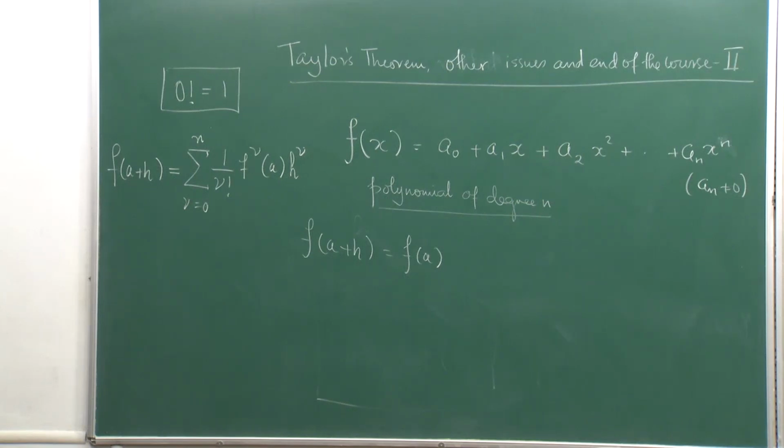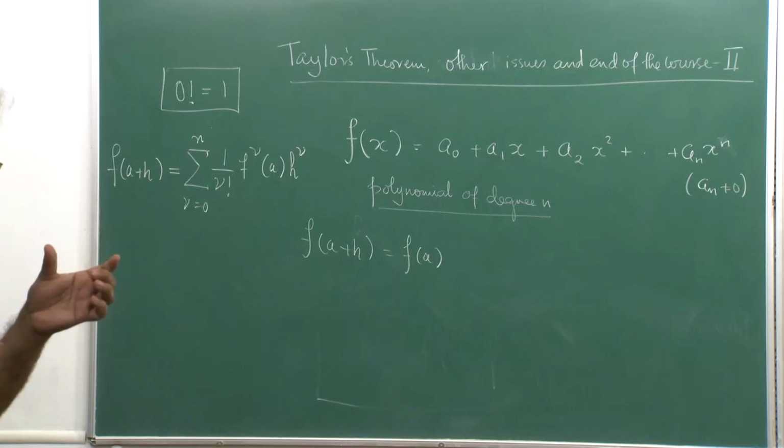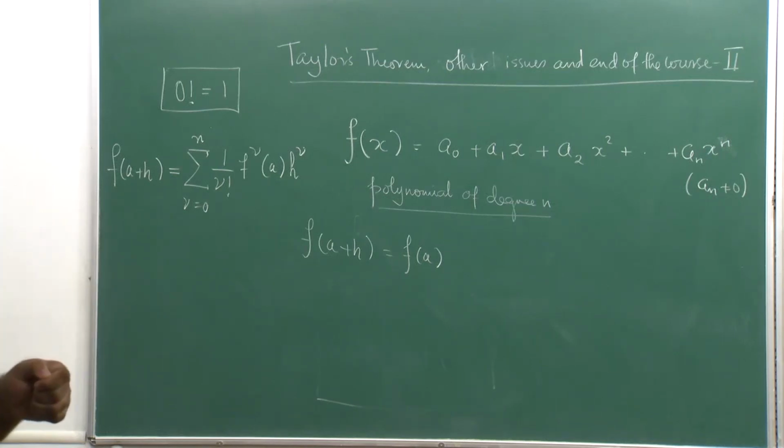So, he says okay, because as we have been telling when we were talking about the Lagrange mean value theorem, if h is very small, a function can be approximated by a linear function, f a plus f dash a into h, the derivative. It is a better approximation if you take a quadratic function where the second term comes. It is a much better approximation if the cubic term comes.